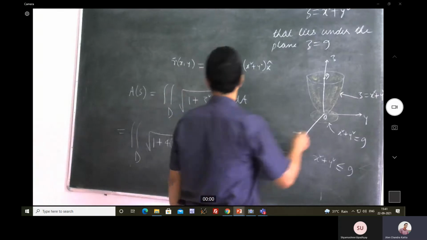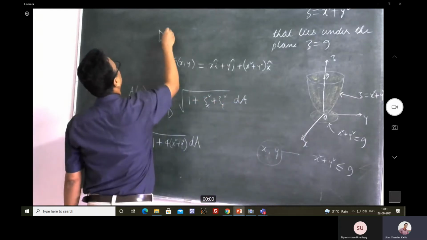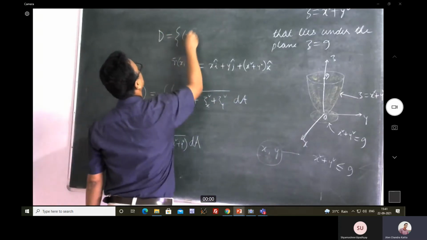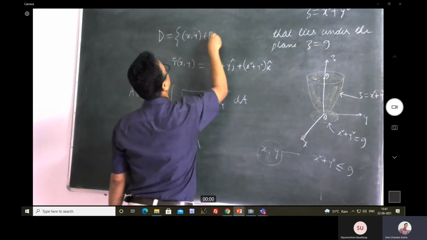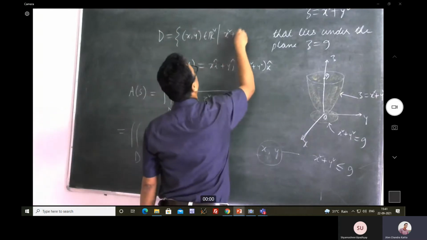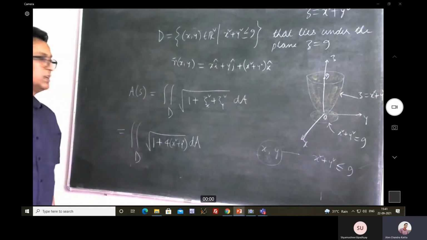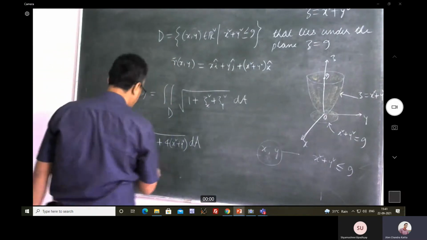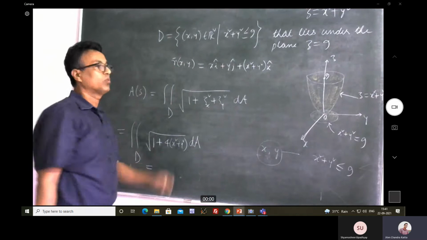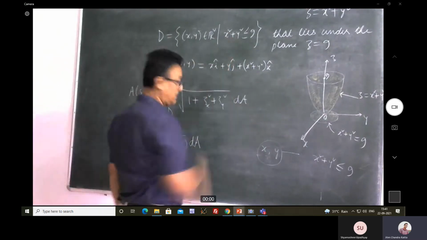So that is why here D is going to be the set of x, y belonging to R2 such that x squared plus y squared is less than or equal to 9.